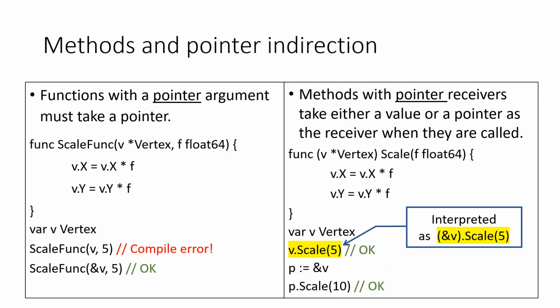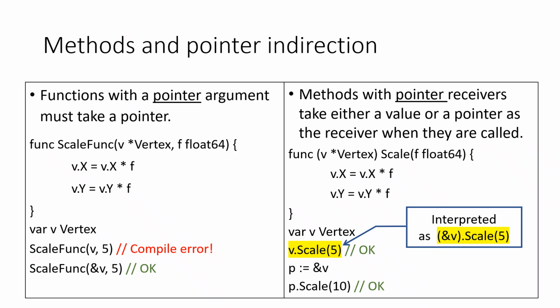We have known that any method can be rewritten as a regular function by making the receiver a regular argument. But there's a difference between how the method and the equivalent function without receivers are invoked. In the case of pointer receivers, functions with a pointer argument must take a pointer, while methods with pointer receivers take either a value or a pointer as the receiver when they are called.